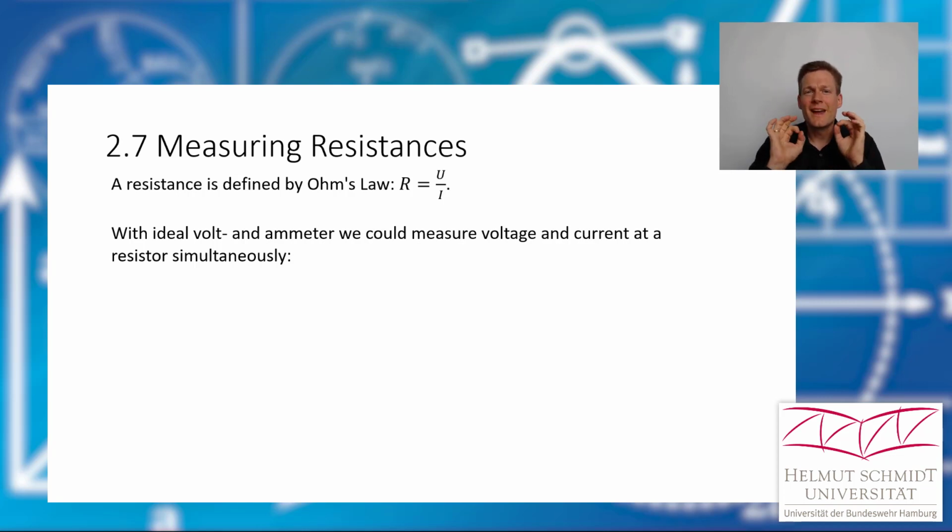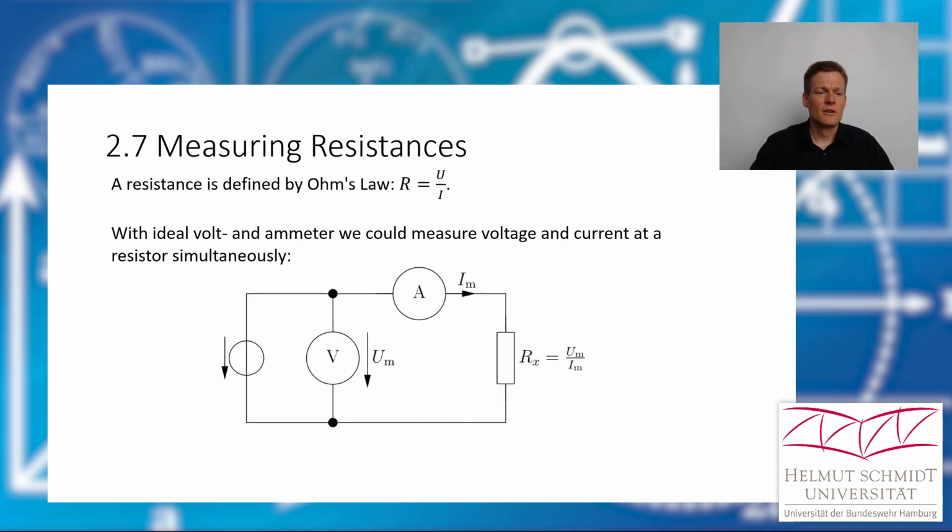And if we had ideal measurement devices, we could just measure the voltage and the current at the same time, and therefore if we want to identify the resistor Rx here, we just could divide the voltage and the current by each other, and then we have the resistor value. But our problem is that we don't have ideal devices. And now I will show you what we can do about it.